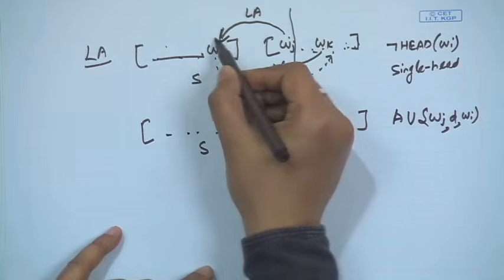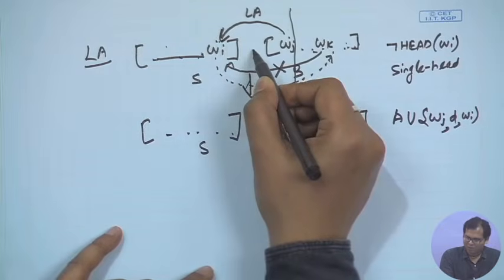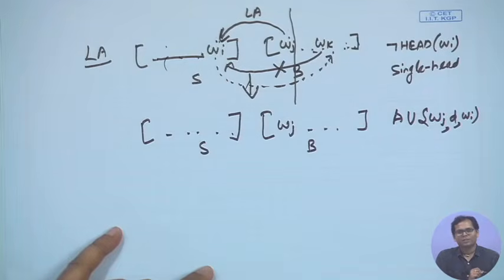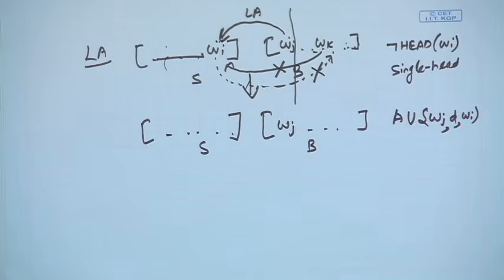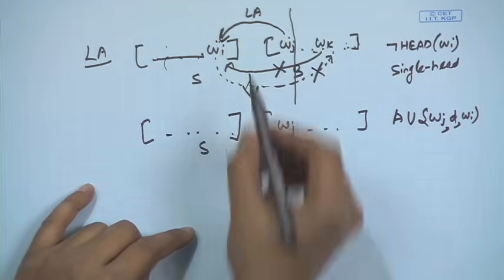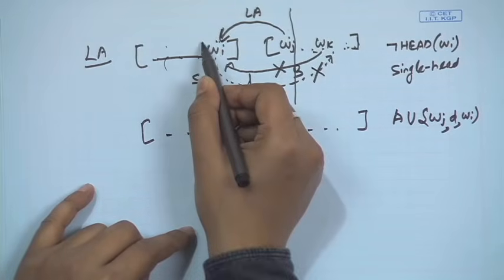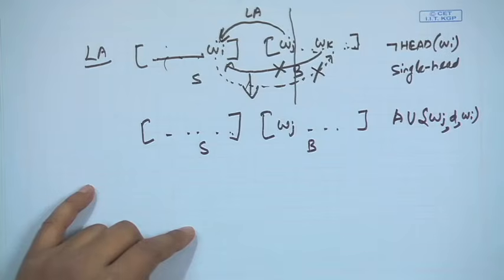So, this has to be either in between, which is not possible, or here. So, this is also not a possibility. That means Wi cannot have any further relations. That is why we can remove Wi from the stack, and this is my stack that contains everything other than Wi, while the buffer remains the same.